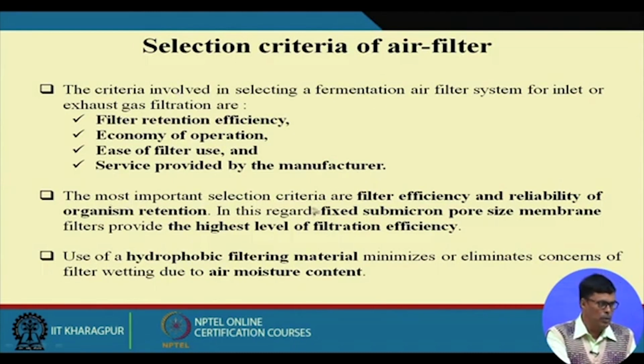The most important selection criteria are filter efficiency and reliability of the organism retention. In this regard, the fixed submicron pore size membrane provides the highest level of filtration efficiency. Now, I was saying that there is a term called absolute filter.